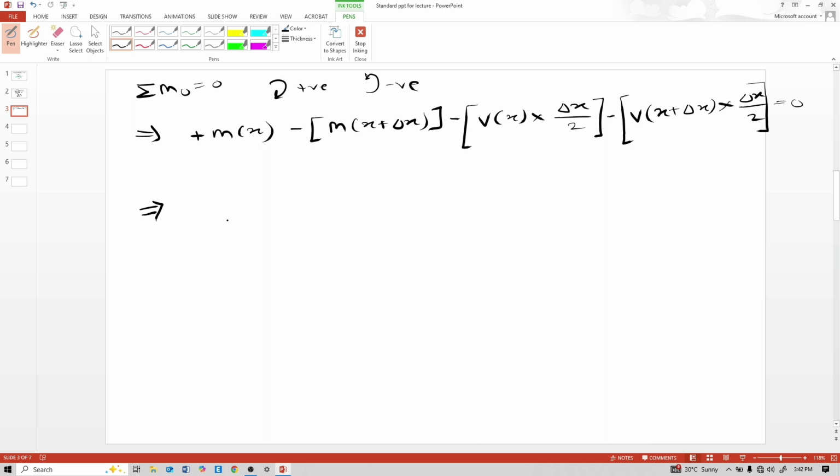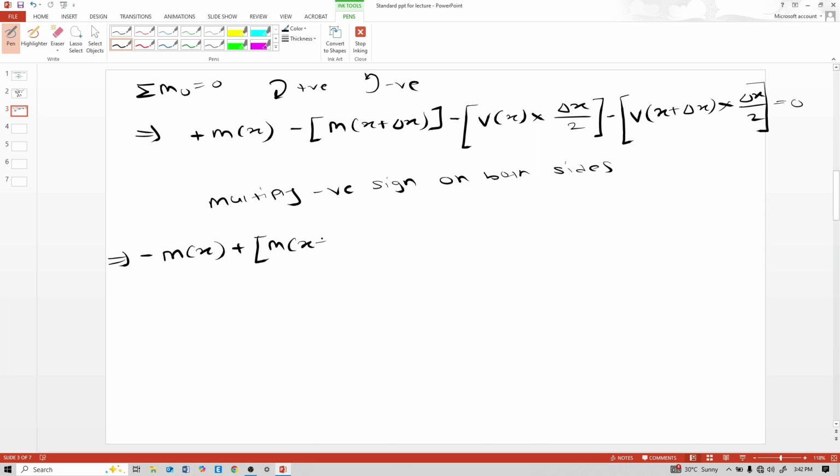So multiplying this equation by a negative sign on both sides, minus M of x plus M of x plus delta x plus V of x into delta x by 2 and plus V of x plus delta x into delta x by 2.